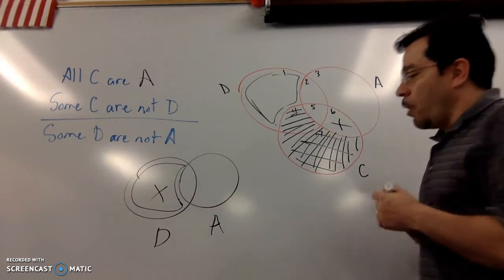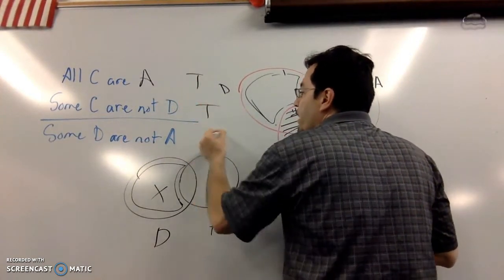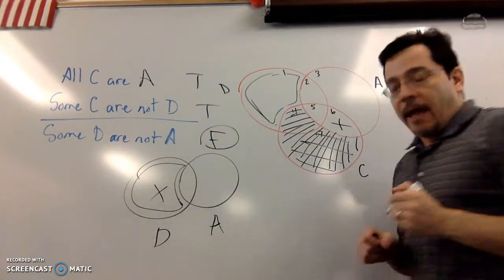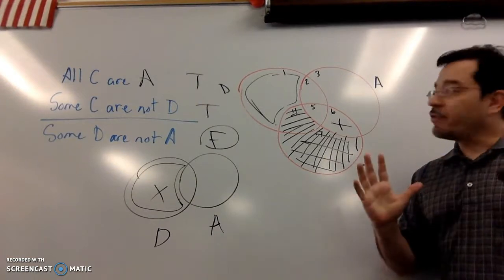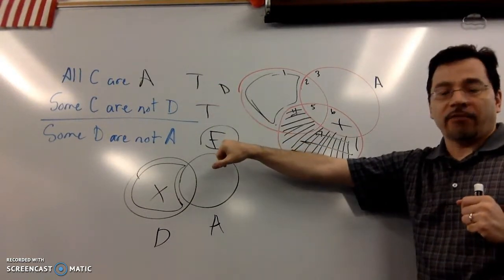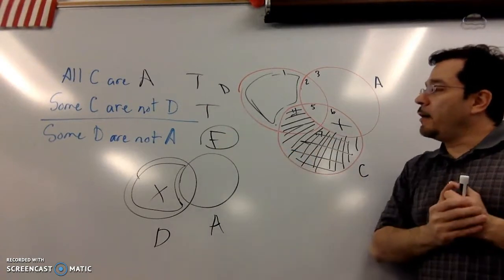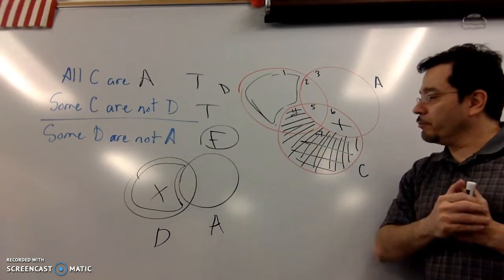Okay. So what we have here is a syllogism where we have true premises and a false conclusion, and that's an indication of an invalid syllogism. Valid syllogisms, again, true, true, false, that's invalid. For validity, we need true premises and a true conclusion.